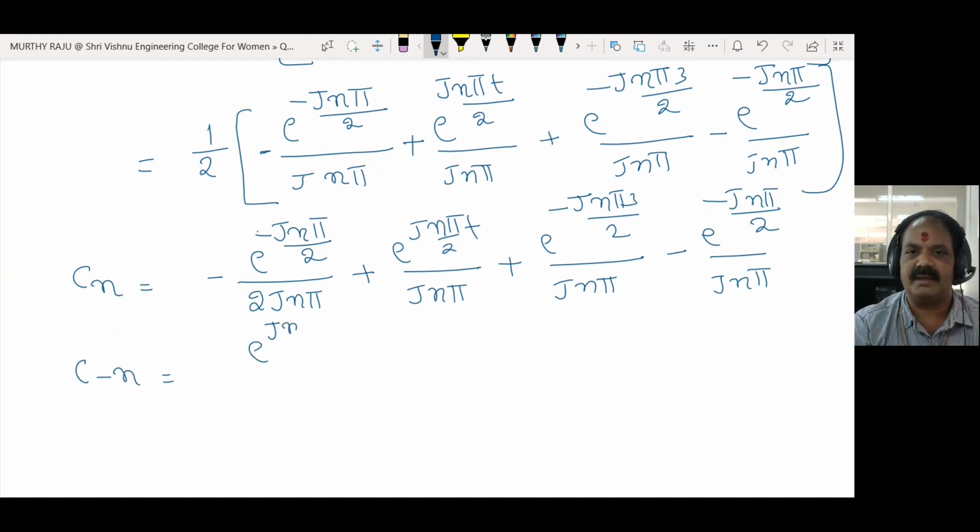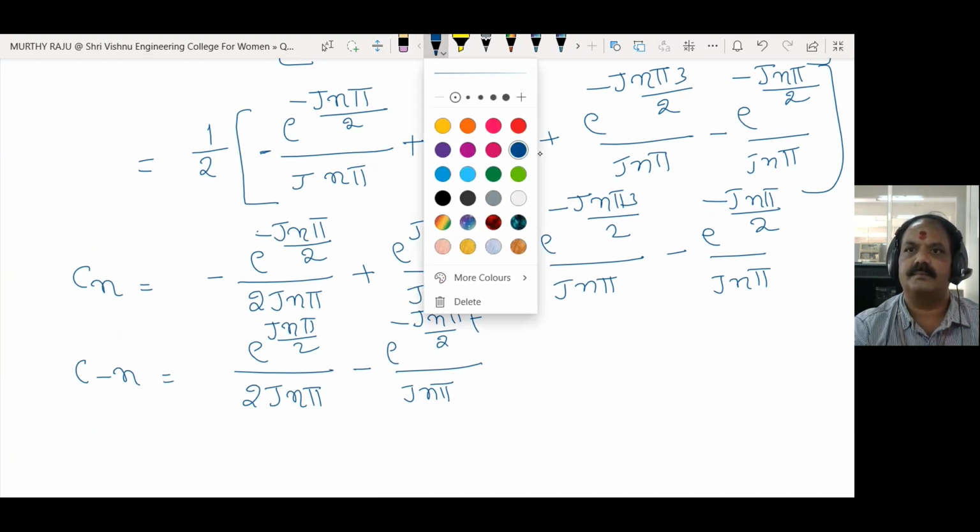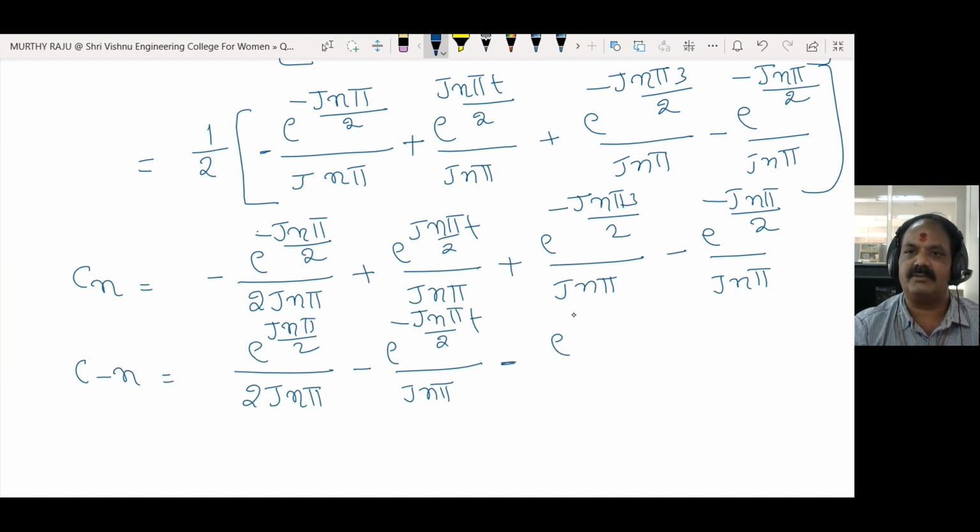Minus into minus plus e power j n pi by 2 by 2 j n pi, e power minus j n pi by 2 t j n pi, minus e power j n pi 3 by 2 j n pi, with n replaced with minus n. These are the C minus n.